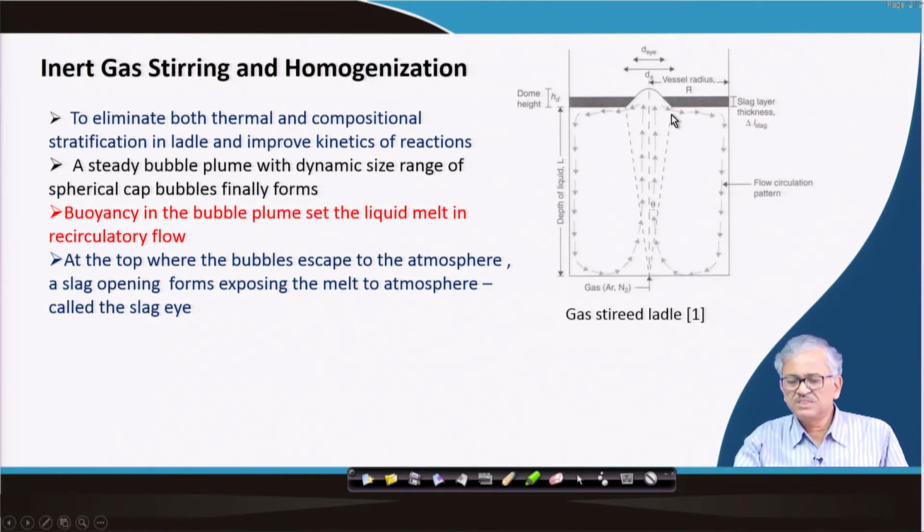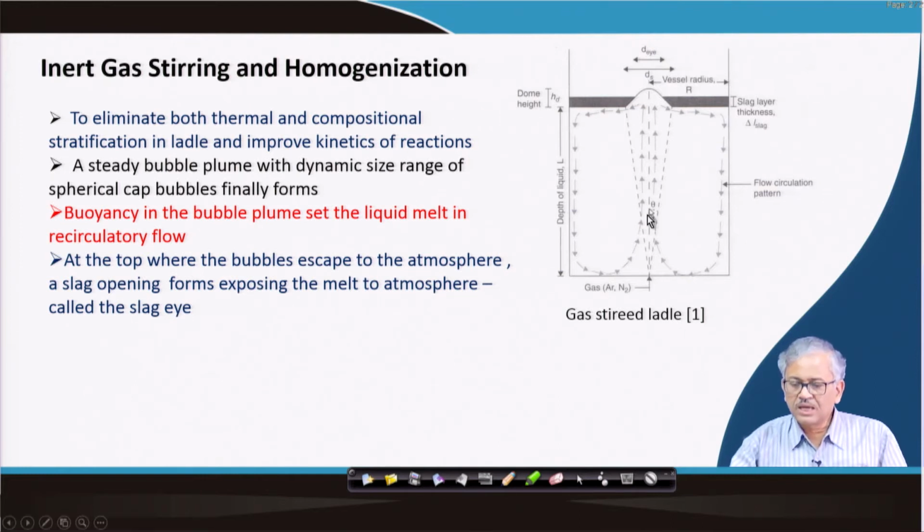Okay, so the slag layer gets broken, and the liquid metal gets exposed to the atmosphere, and this region is called the slag eye. This is not a very good thing, because through the slag eye, liquid metal can have a direct interaction with the atmosphere. So nitrogen can get into it, oxygen can get into the liquid metal, and that can produce a lot of inclusions and all these things. So the slag eye is not a good idea. So the attempt is always made such that we can reduce the slag eye.